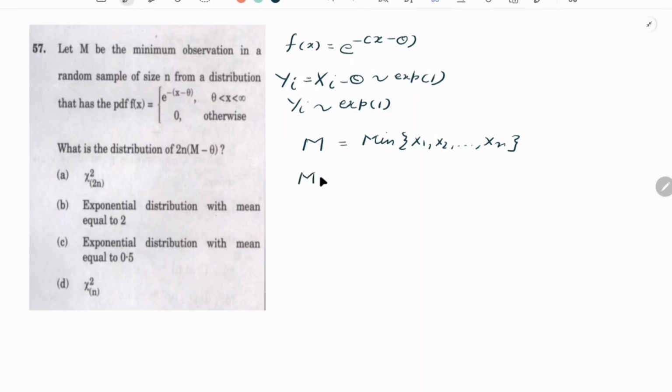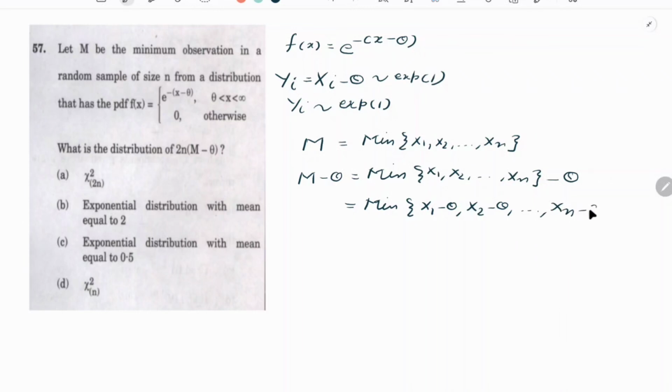Now we have to subtract theta from M. So we subtract theta on both sides: M minus theta is the minimum of x1, x2, up to xn, minus theta. Using the properties of the minimum function, we can subtract this theta from each xi: minimum of x1 minus theta, x2 minus theta, up to xn minus theta.